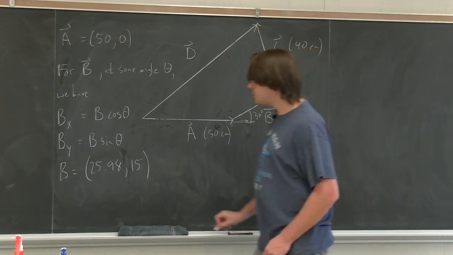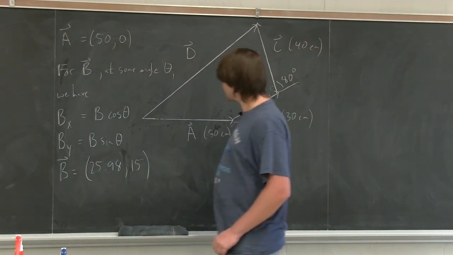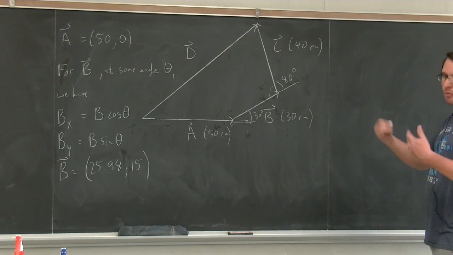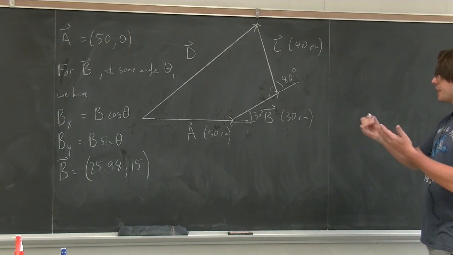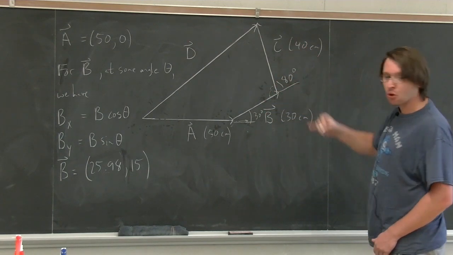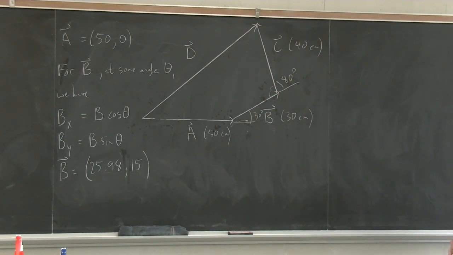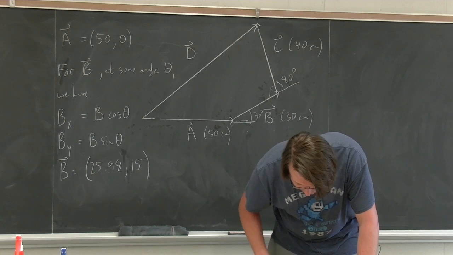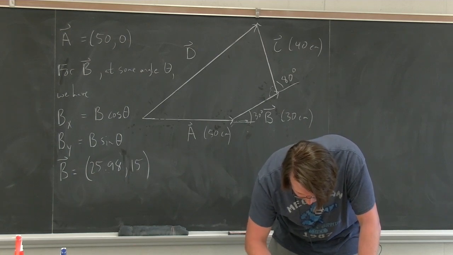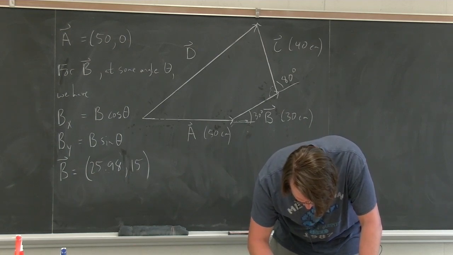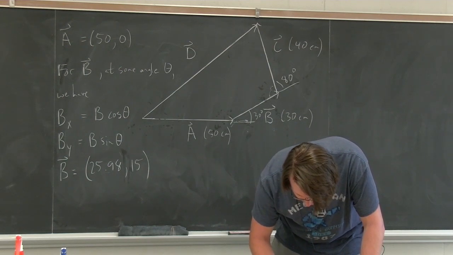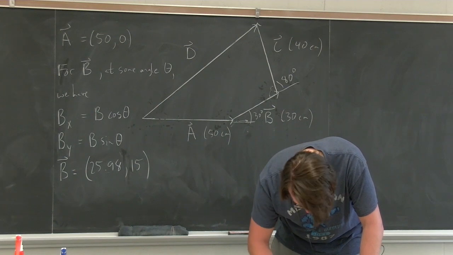And then we have C. So we want to do C in relation to A. So we want to do its angle in relation to the axes that we set up. So the total angle there is 110 degrees. So we're going to do the sine and cosine of 110 degrees. And just do that in the calculator because that's not one that you remember. Okay, so I think this is in degrees. I'm just going to check it. Okay, looks good.